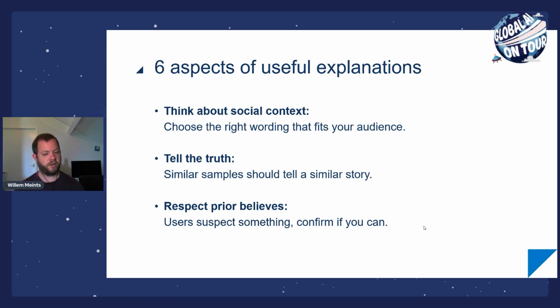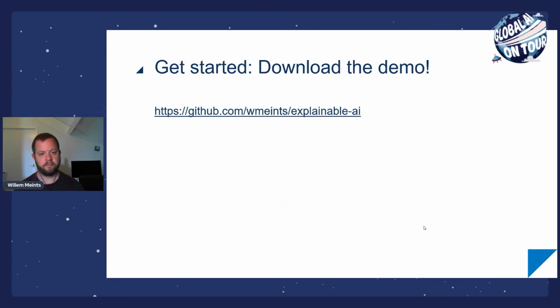And if that's certainly not the case, then it isn't the case, and that's it. But if you can, please respect what somebody is believing about their prediction. The problem here is that if you provide an unlikely explanation for something, somebody will have a hard time believing you if it wasn't already sort of in the back of their head. So that's important to keep in mind.